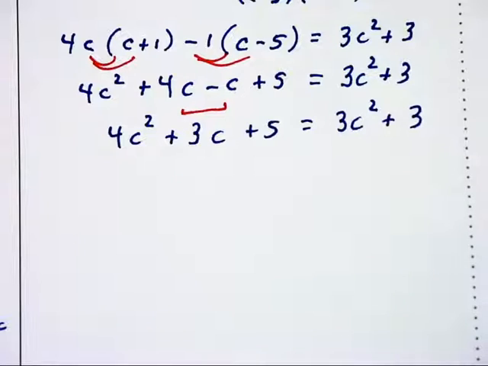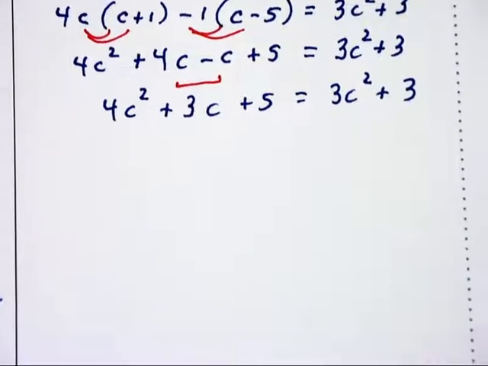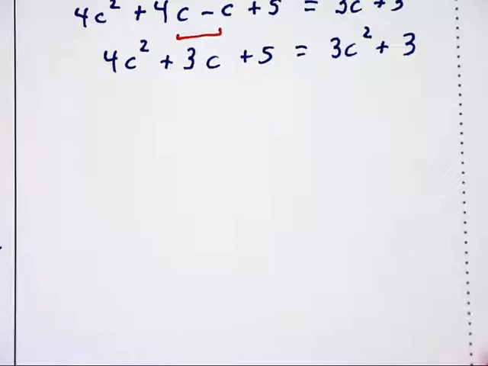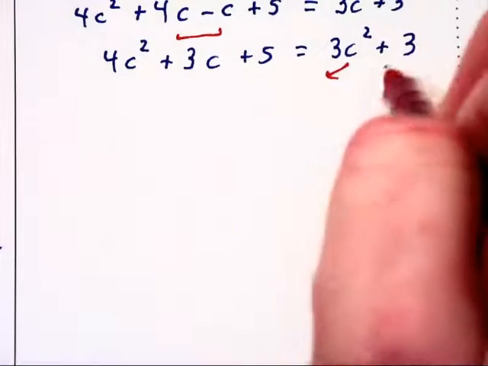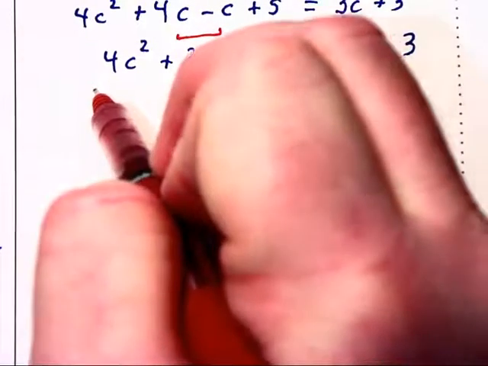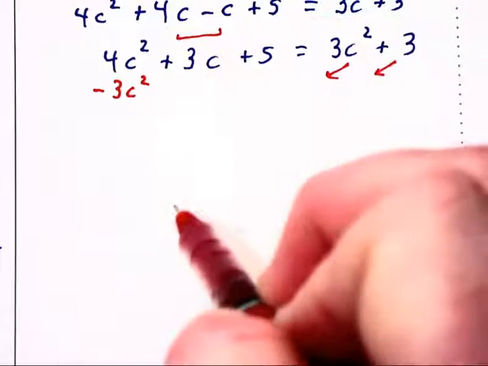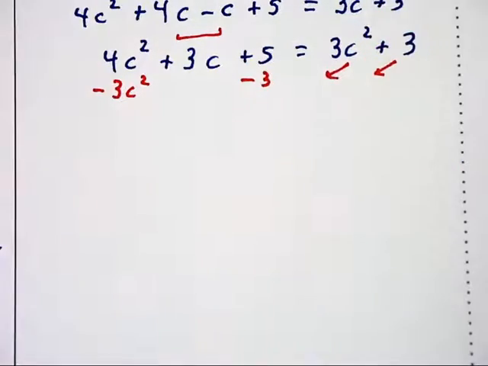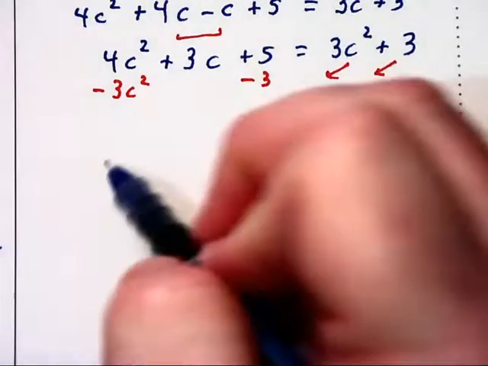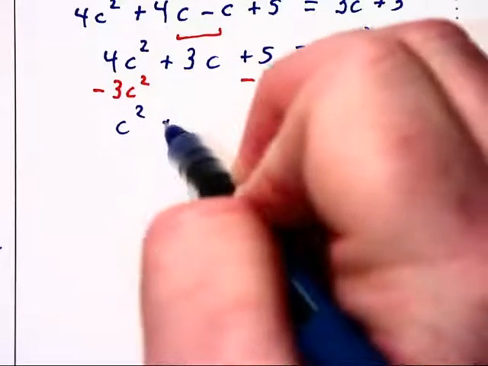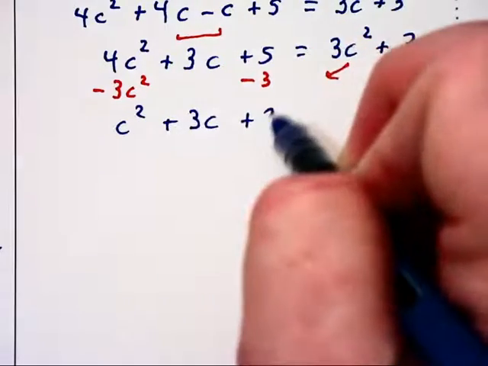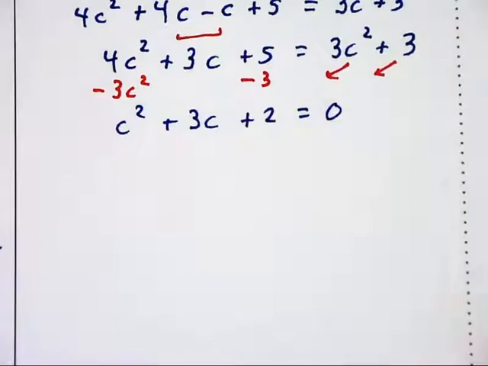This is a quadratic equation that we want to have set equal to 0, so we're going to need to bring the terms from the right over to the left. To that end, we will subtract 3c squared on each side and 3 on each side. And this will leave us with c squared plus 3c plus 2 is equal to 0.